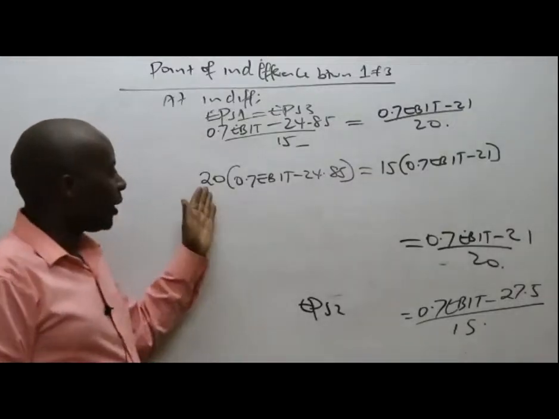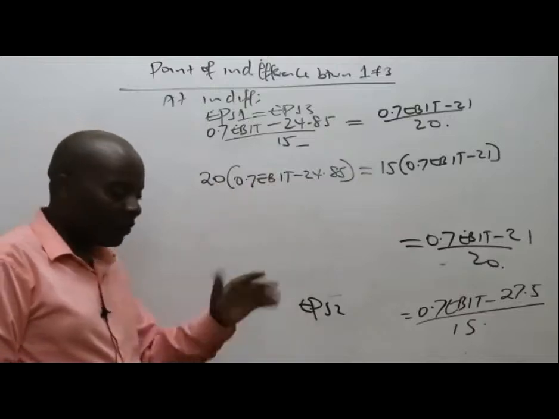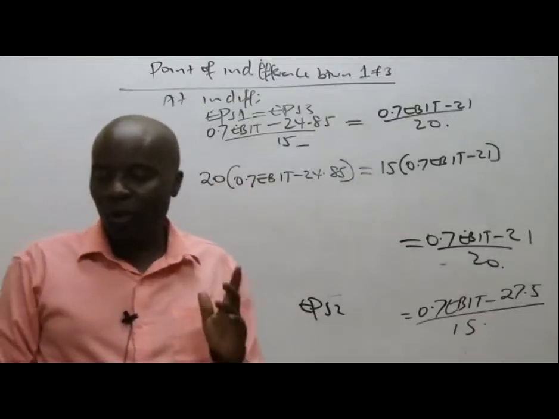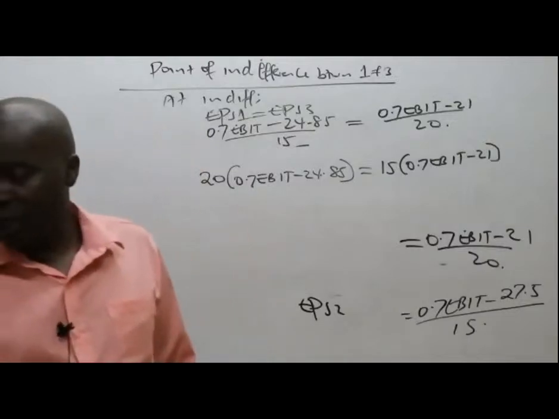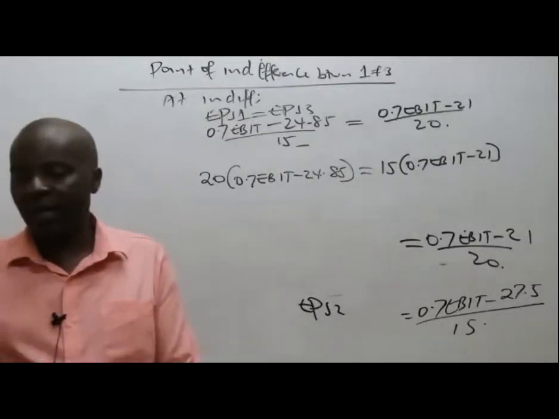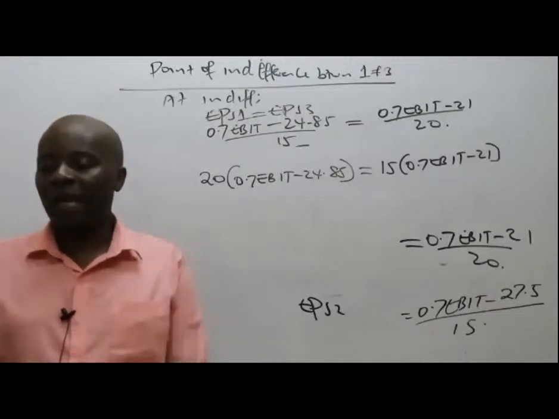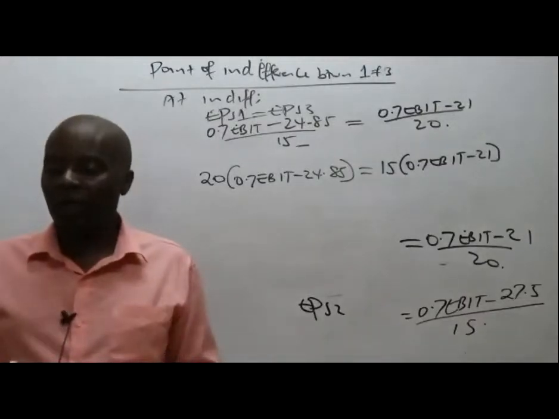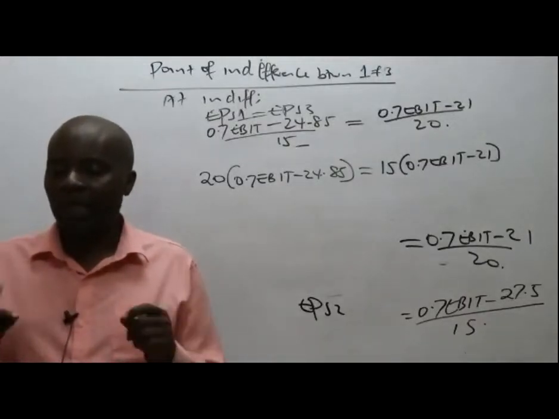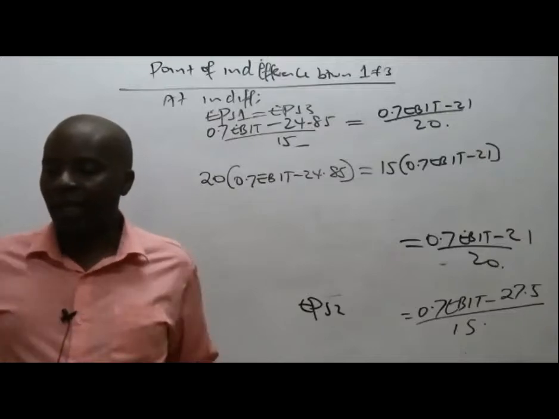You could decide to divide both sides by 20, or you open brackets, whichever is easier for you. I simply want you to give me the value of EBIT. I can see Moses Mwangi giving me a figure of 52 million or just 52. Just struggle it out. Tell us whether you are able to get an EBIT of 52.